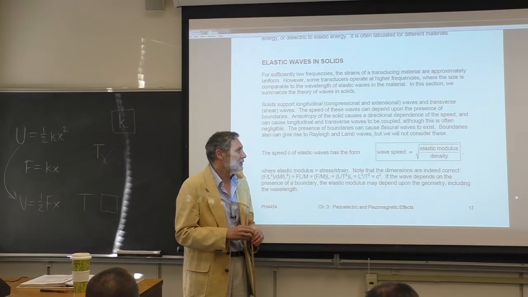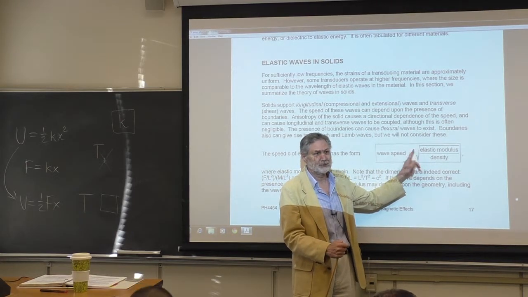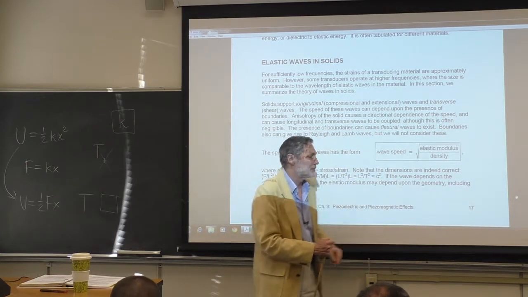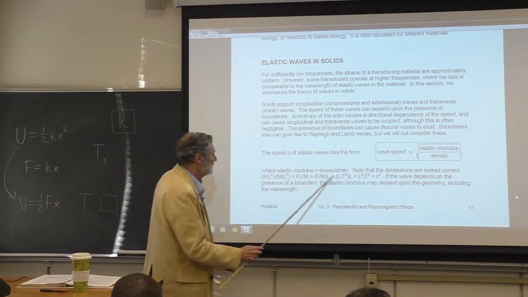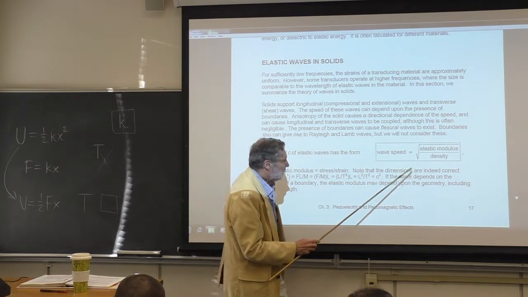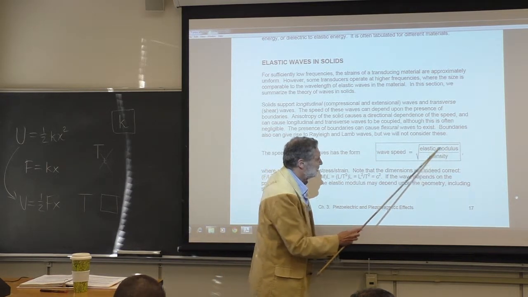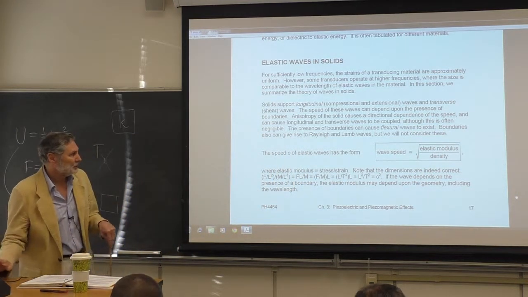So last quarter, it was the adiabatic bulk modulus, divided by the density. Take the square root. And the units work, incidentally. You can confirm that. When you have a boundary, what can happen is this elastic modulus can become frequency dependent or wavelength dependent. And that's how the dispersion gets in there.